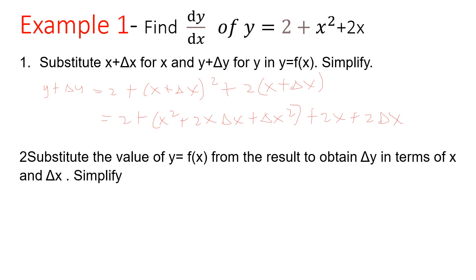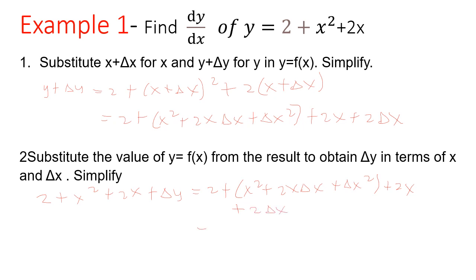So substitute the value. So we have 2 plus x squared plus 2x plus delta y equals 2 plus x squared plus 2x delta x plus delta x squared plus 2x plus 2 delta x.